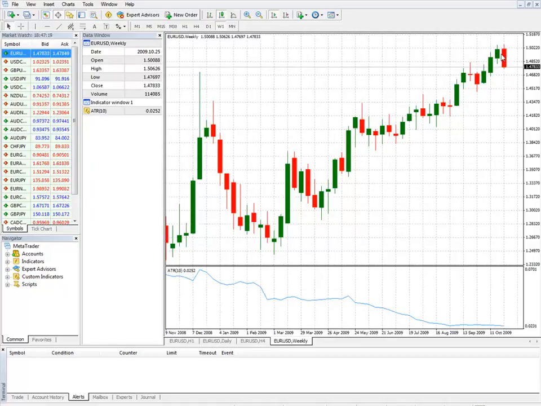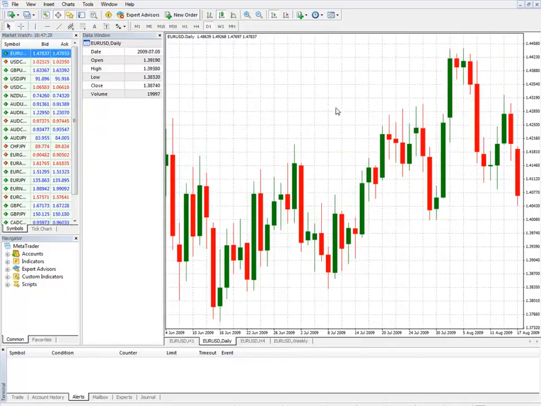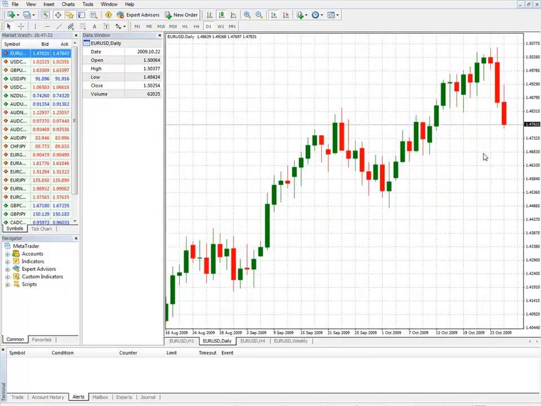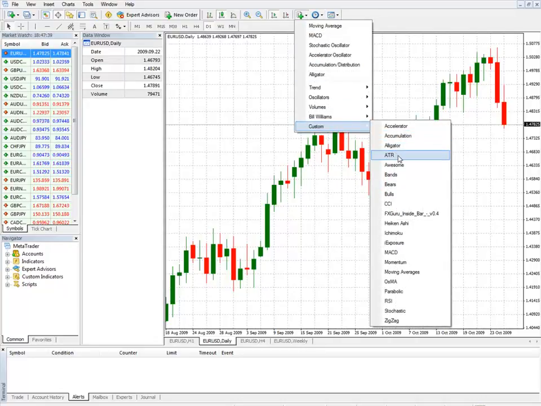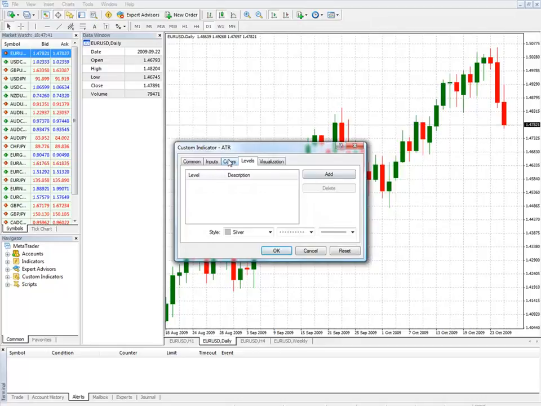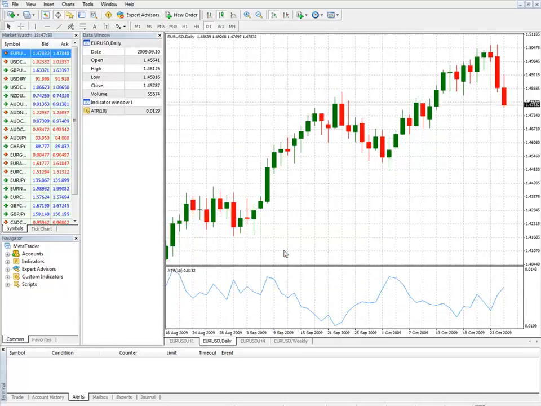So what we're going to do here is let's go to a daily chart, for instance, and let's expand that. Okay, auto scroll brings us back, and let's do the same thing there. Let's go down and grab our average true range. We'll do 10 period. There we go.